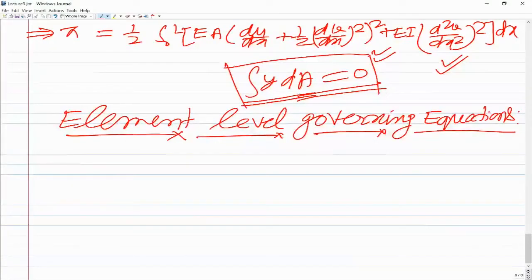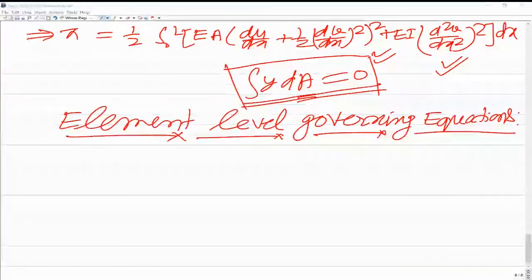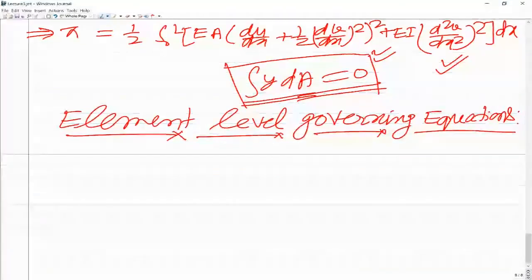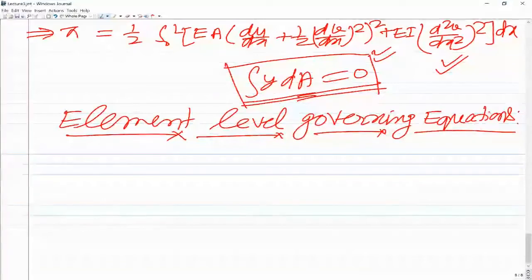So now coming to how to derive the element level governing equations starting from the weak form. Let's take a finite element.